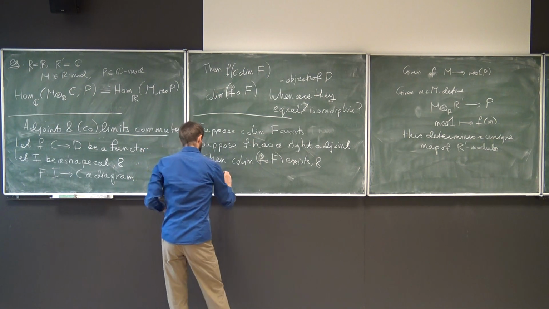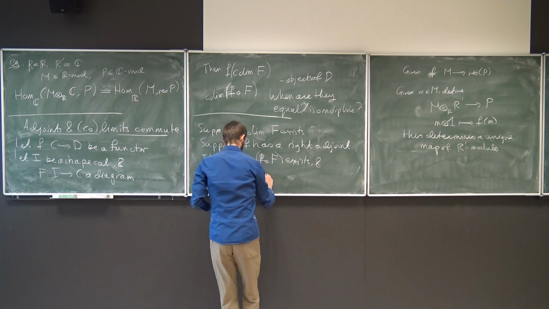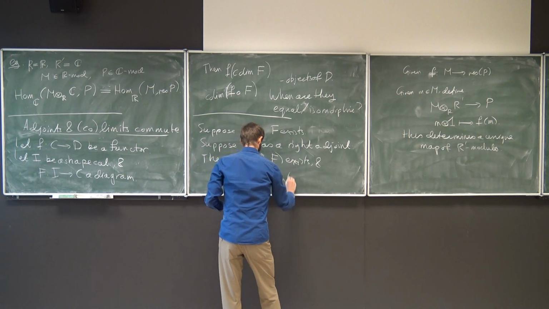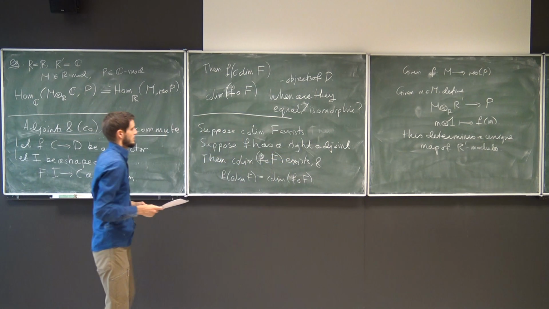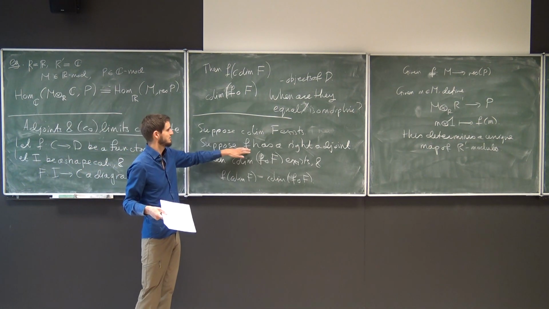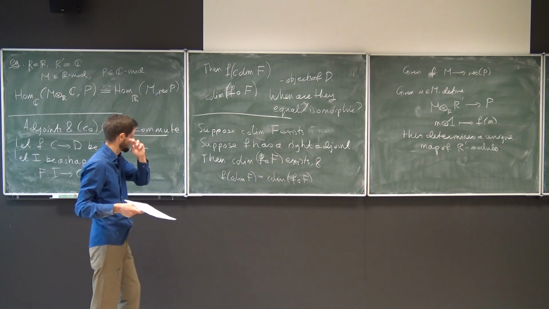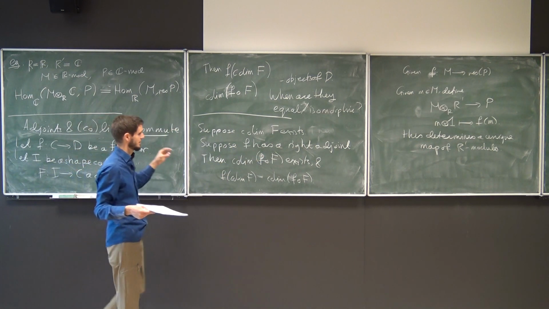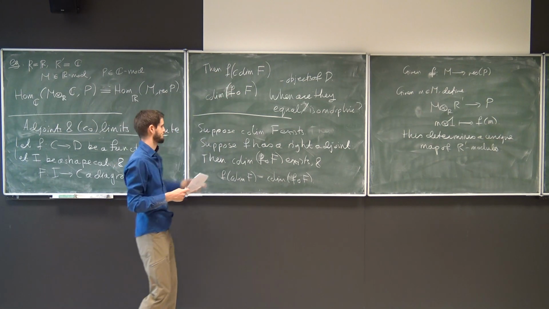So let me write this out: F of the colimit of f equals the colimit of F composed with f. We haven't said anything about what the right adjoint to F is. It could be anything at all. But just the fact that this adjoint exists is enough to guarantee that F preserves colimits in this sense.